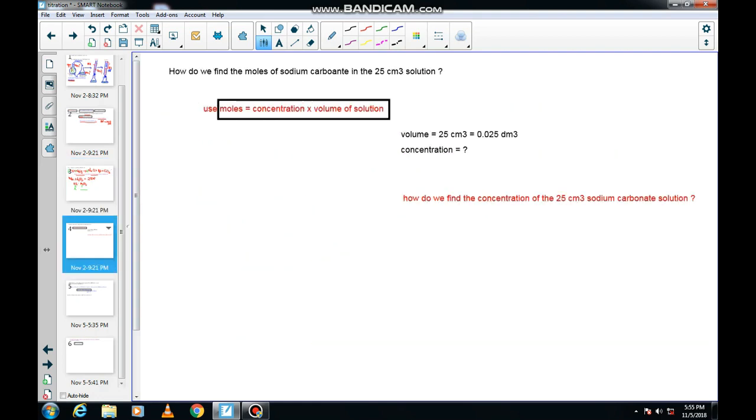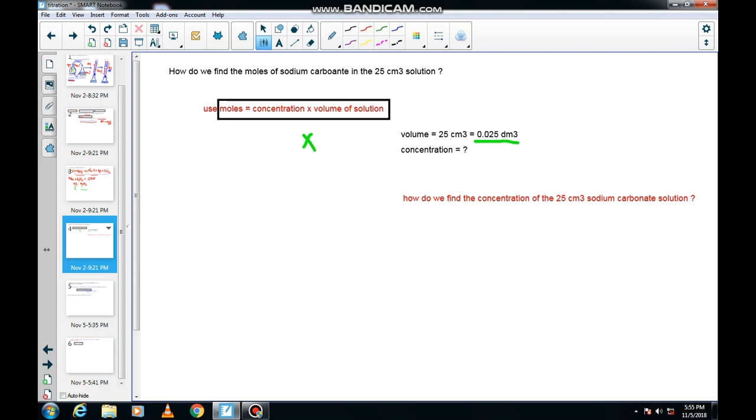How do we find the number of moles of sodium carbonate in the 25 cubic centimeters of solution? We can easily apply the formula moles equals concentration times the volume of the solution. We know the volume of the solution is 25 cubic centimeters, which converts to 0.025 decimeter cubed.